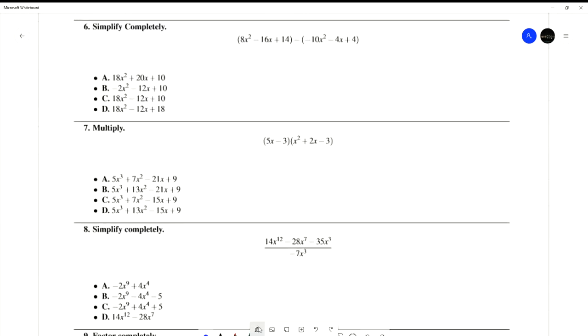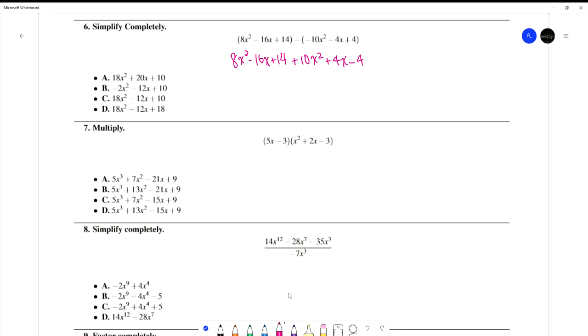Okay, next problem here. This is our combining like terms, and we have to first distribute to remove parentheses. So the first group here, you can just remove. So we get 8x squared minus 16x plus 14. Distribute this negative into the second group, so you get plus 10x squared plus 4x minus 4.